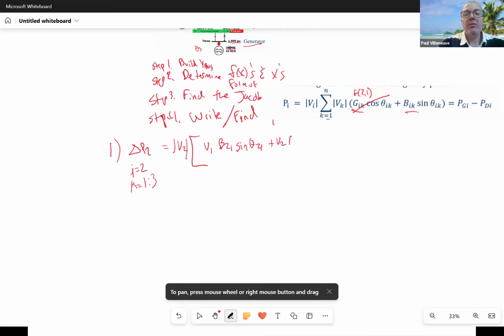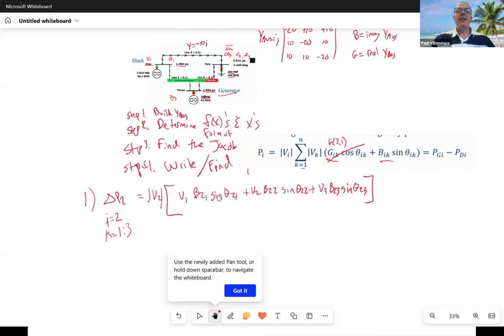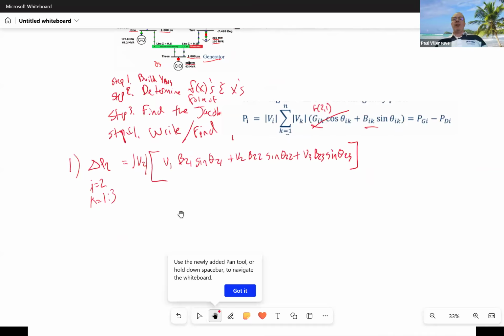Now I'm going to go to K equal 2. That's it for 2. And now I'm on to 3. Minus P generated minus P delivered. So I got to go back and look up here. And so for bus 2, all I have is 200 megawatts and 100 megavar.